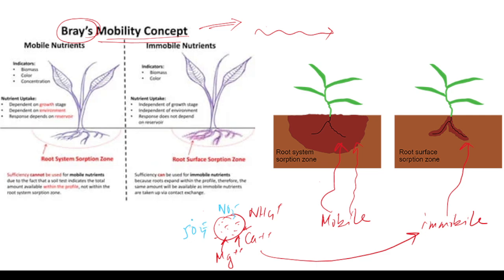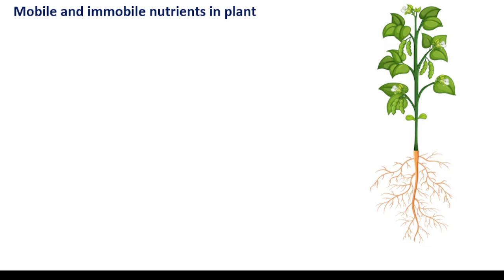They are negatively charged, so they can move because negative repels negative, so they are not fixed. They can go, so they are mobile elements. Clear? Who gave this concept? Bray.